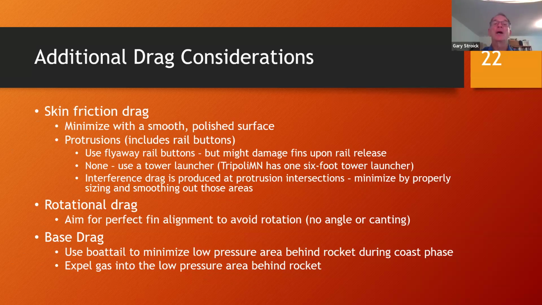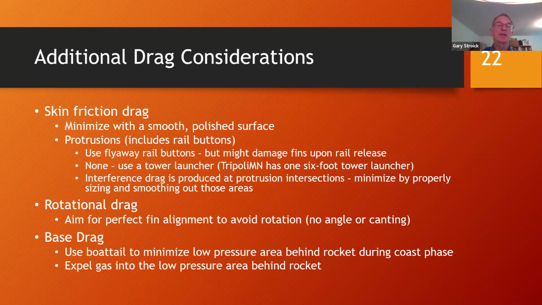Keep in mind that there is some additional drag exerted on the rocket because of those rails for that 6 feet while it's in the tower launcher before it leaves, rather than just rail buttons going through a rail as they normally would. It's probably not all that significant, but just keep in mind that it does exist.